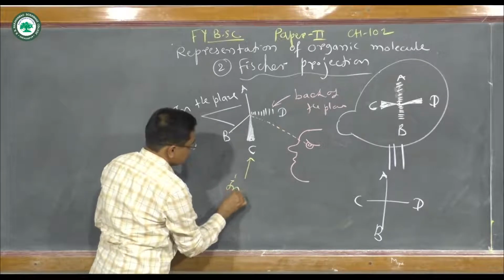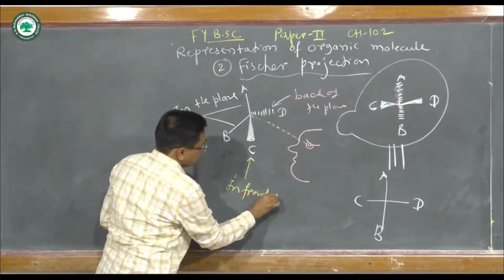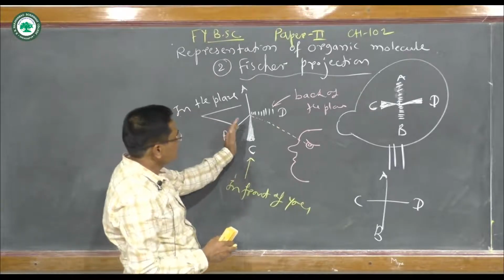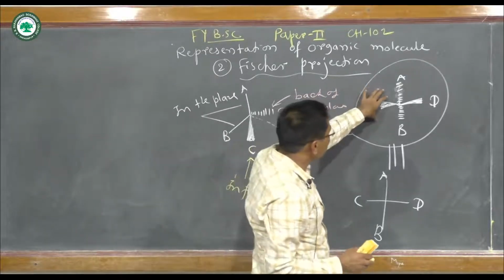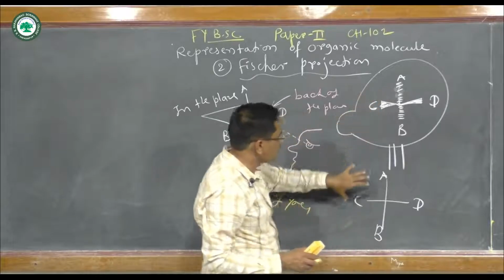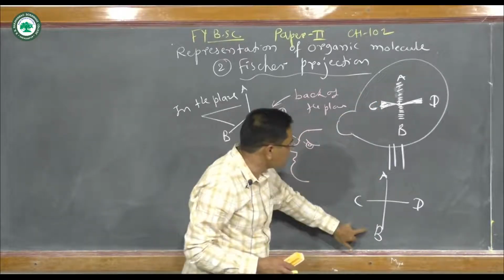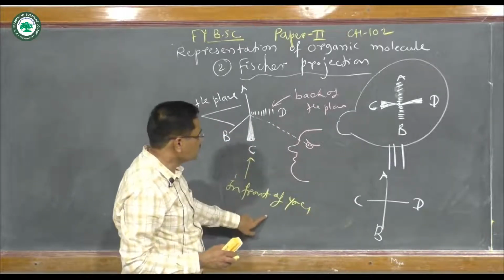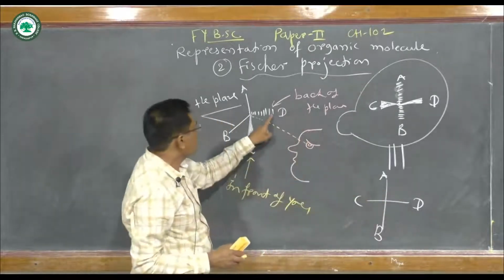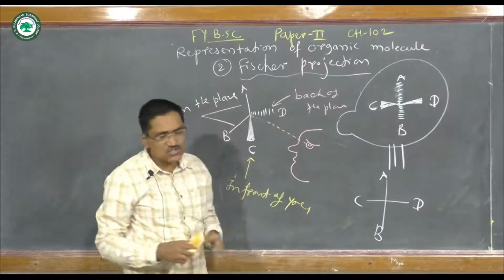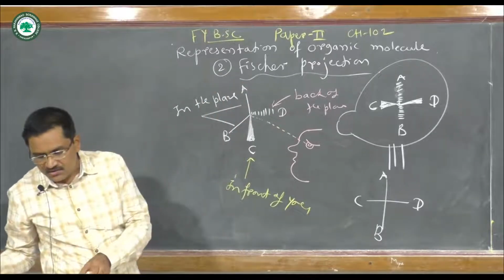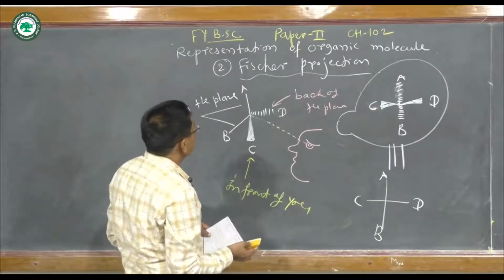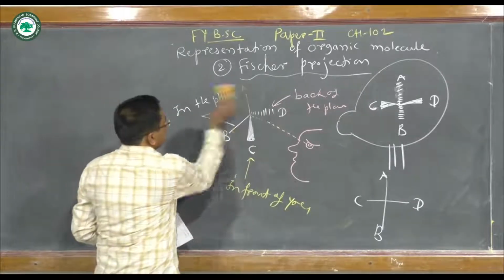This can be converted into an imaginary diagram, and then into this way: A and B are in the plane, C in front of you and D on the backside of the plane. This was discovered by Fischer, and hence this type of representation is called the Fischer projection.